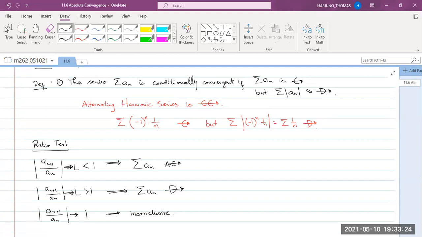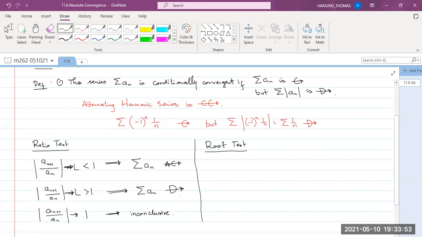Let me write down the other one. The other one is the root test. Now, the ratio test and root test are used if you have a series that is not always positive, I mean, sometimes positive, sometimes negative, and not necessarily alternating either.